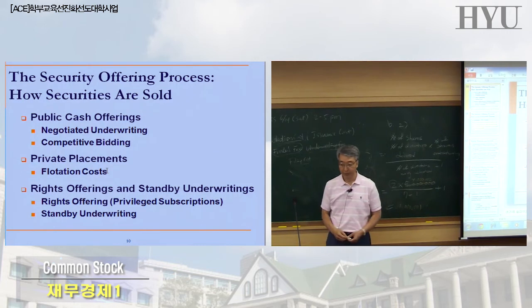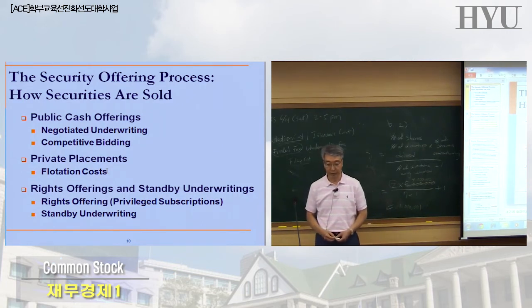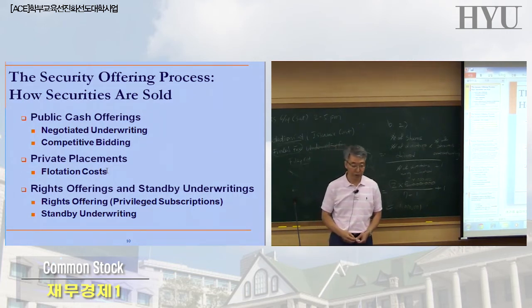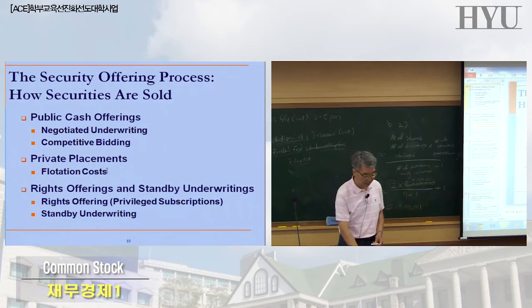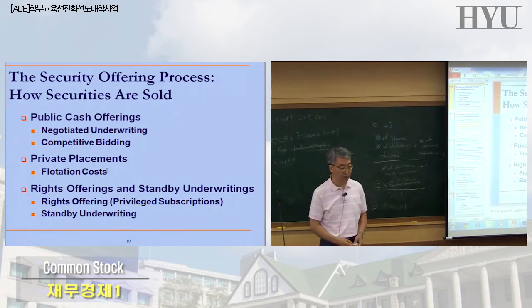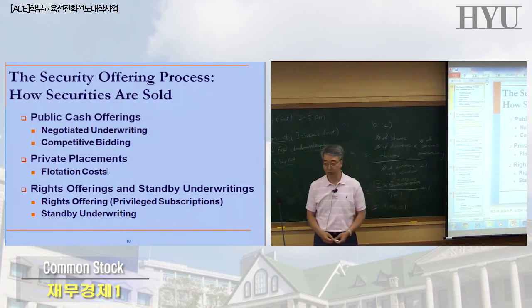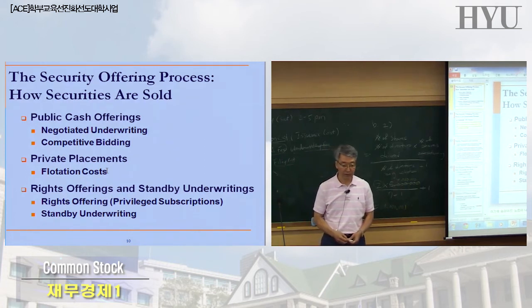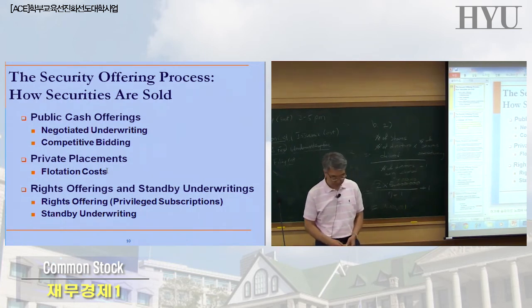Okay. So when they try to issue new shares, right, they notify the existing shareholders and say, you have 30 days to purchase the shares. Okay? So that's rights offering.